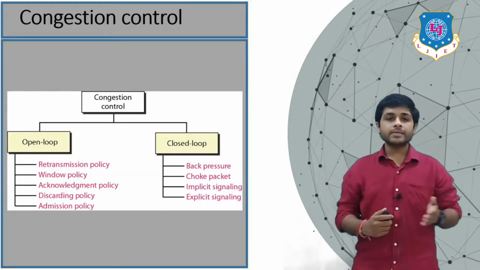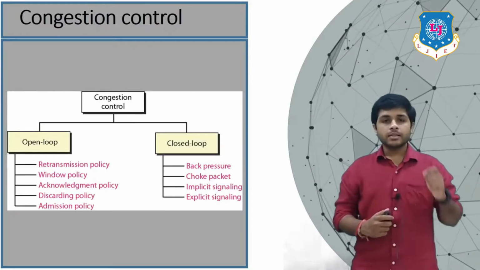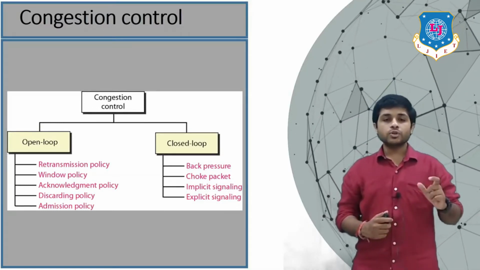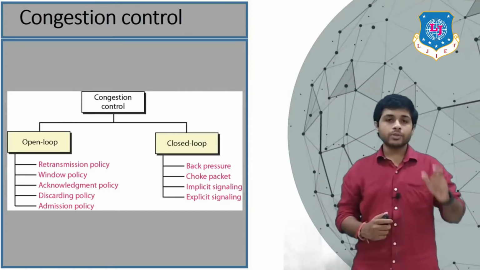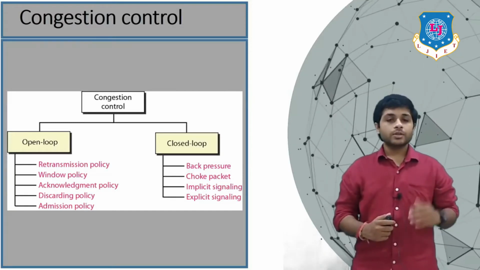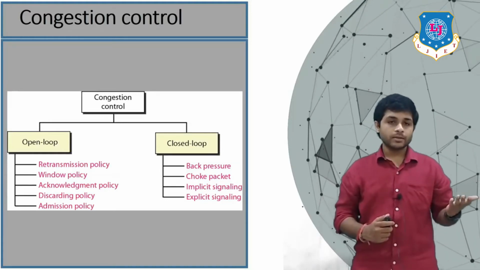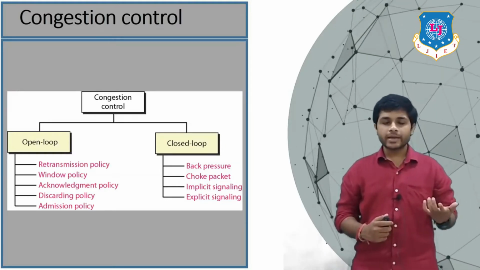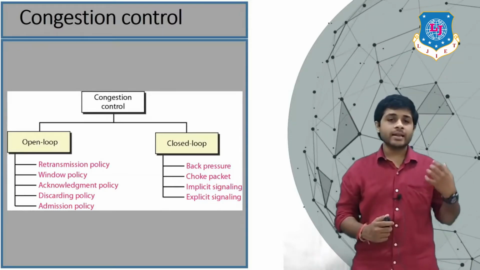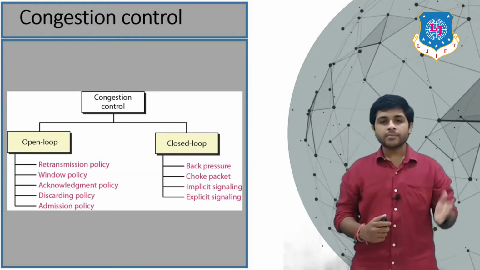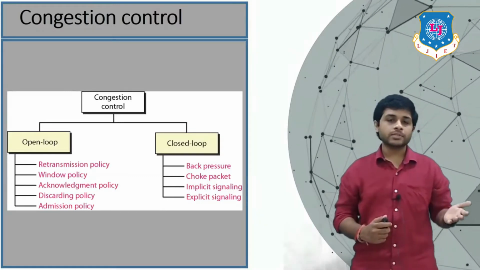The second type is the window policy. The window policy tells that the sender's window should be selected according to the capacity of the link. You know that the sender could have different sizes of windows, right? So the sender can send 4 packets at a time, it can send 8 packets at a time, it can send 16 packets at a time, whatever the capacity of the sender is.